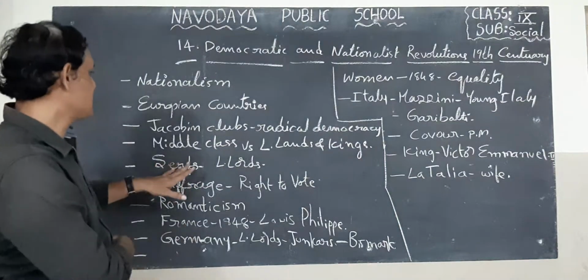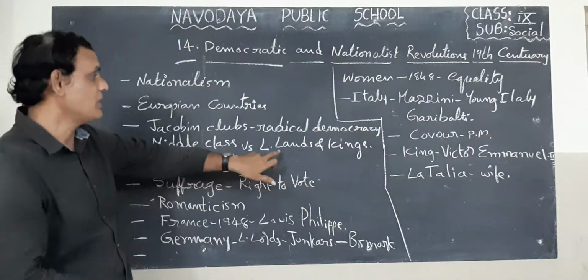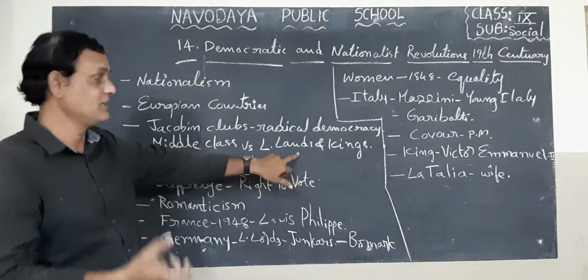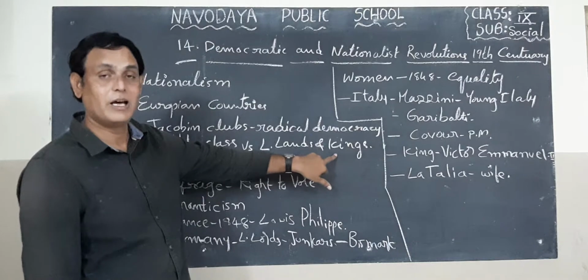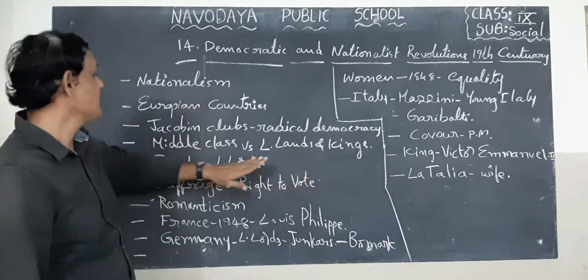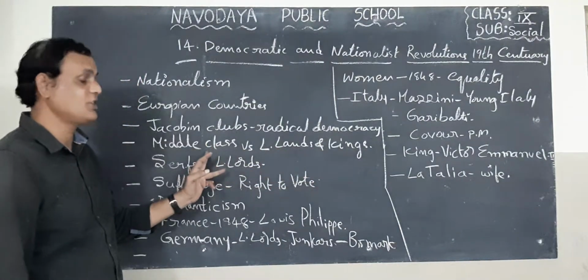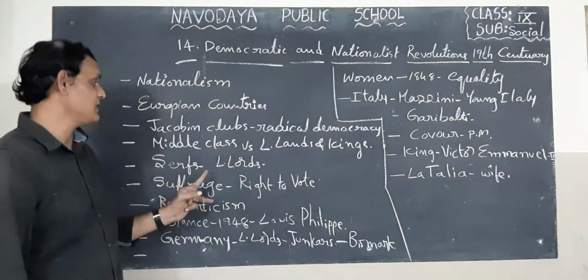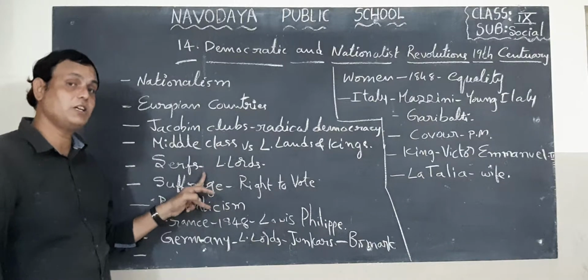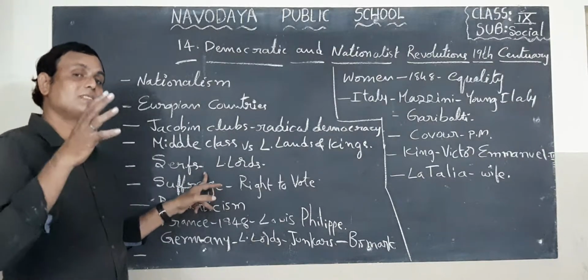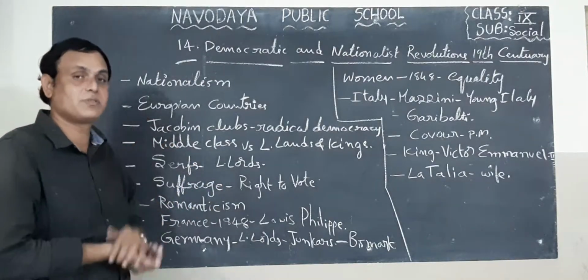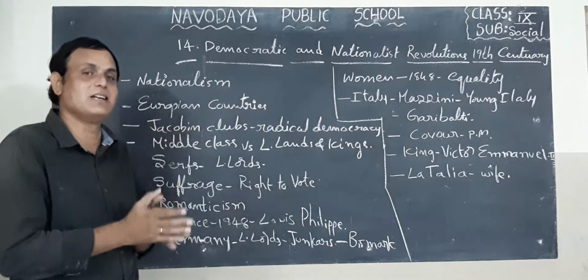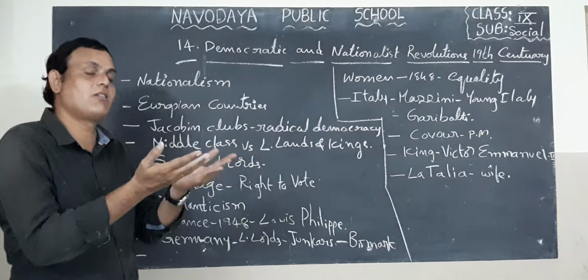Okay, children. Next one, landlords. Landlords were enjoying privileges along with the kings and king's relatives. That is why the common people were always questioning the privileges of landlords and kings. Here listen, children, in this lesson I spoke about serfs. Who are serfs? Serfs are bonded labor or peasants under the landlord.